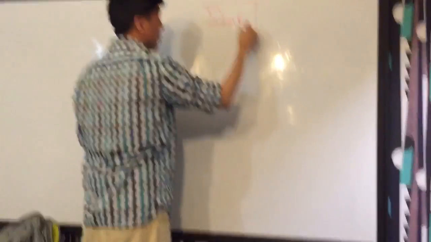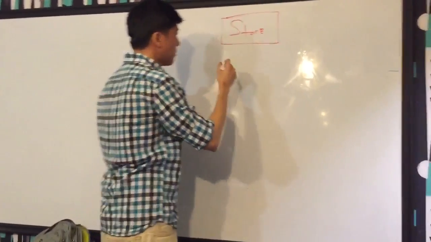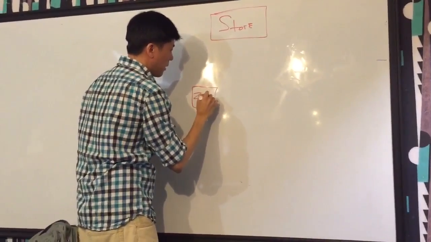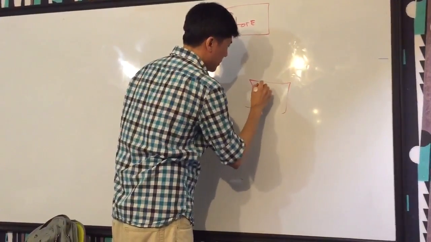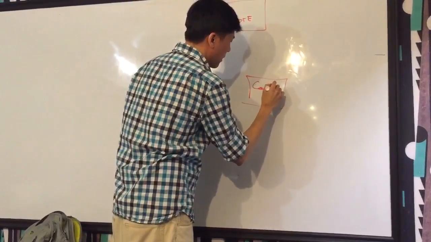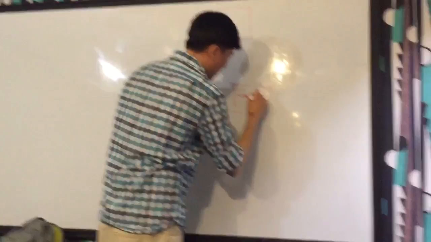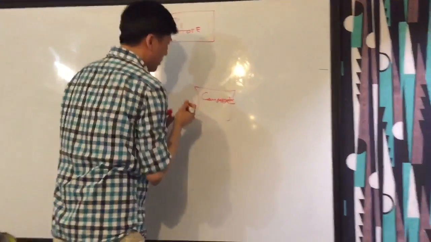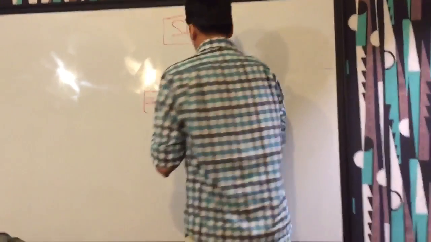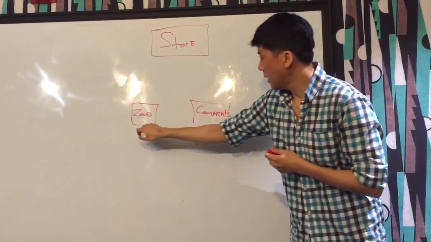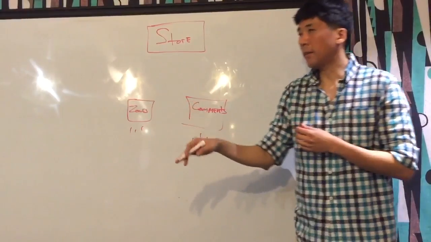Here we have the store, right? And we have components. We'll call this zones, and we'll call this comments. And these guys will connect, and they have their own subviews, which we already have, like comment and zone.